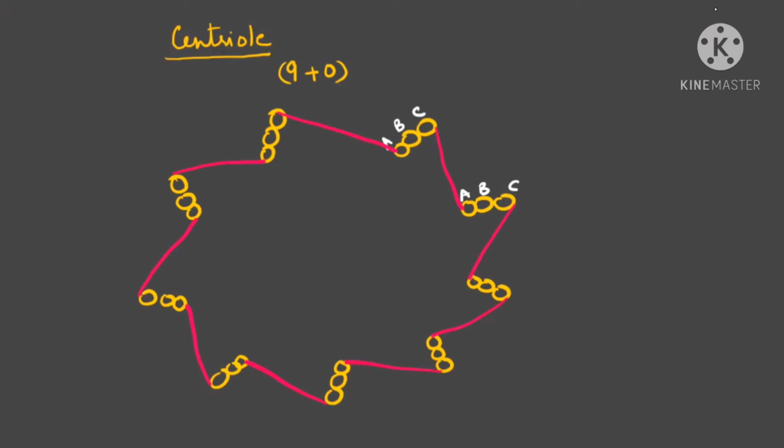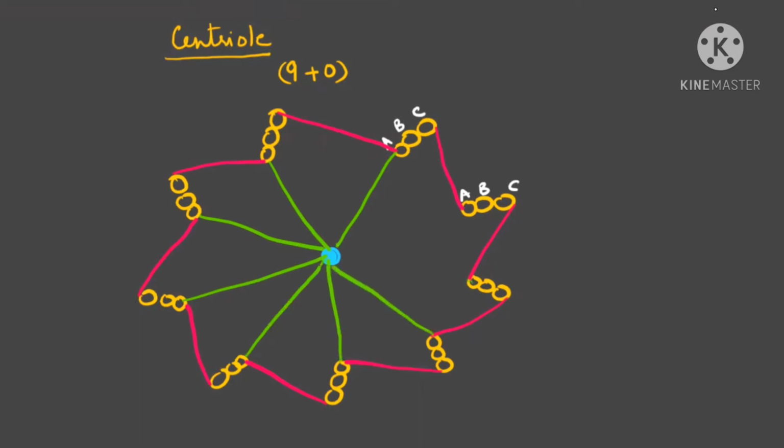Why? Because if you see here in the center, you will find a proteinaceous hub is present. And A is attached to this hub with the help of radial spokes. So these 9 radial spokes will be there. This is the structure of one centriole right now I'm explaining you.